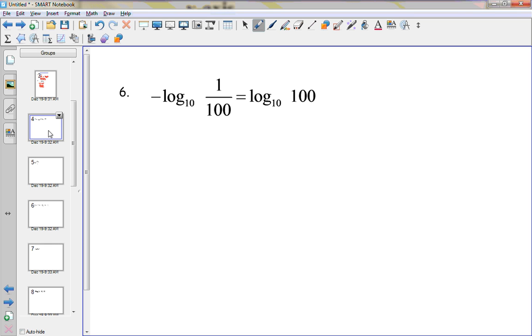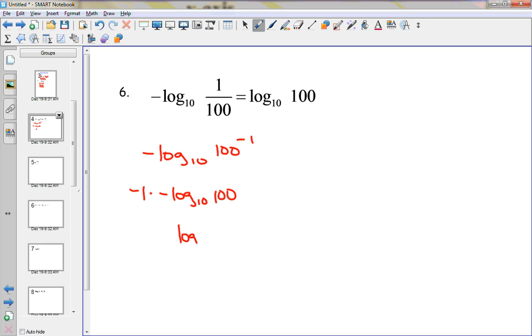Okay, now, what do you do here? 1 over 100 is what? 100 to the negative 1. And then what do I have to do here? That negative 1 becomes an exponent, so where's it going to go? Out on the front. So I'm going to have negative 1 times the negative times log base 10 of 100. And what happens to your negative and your negative?